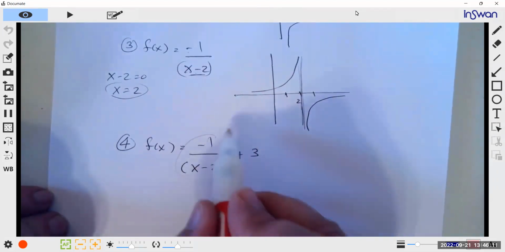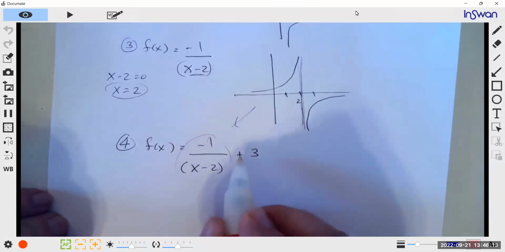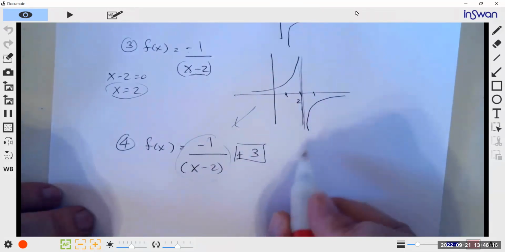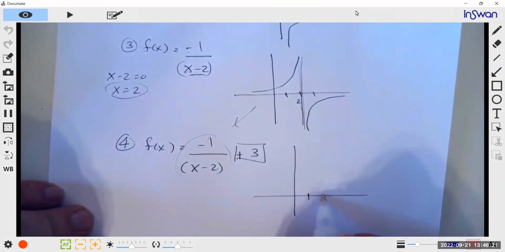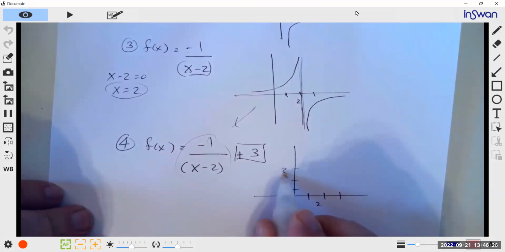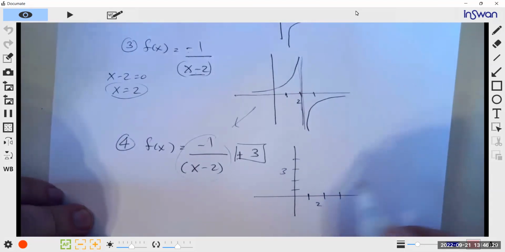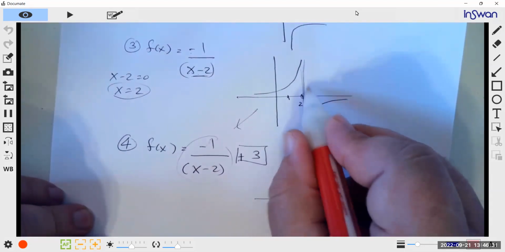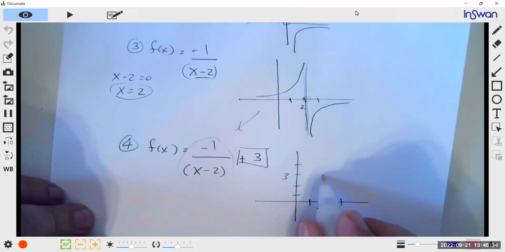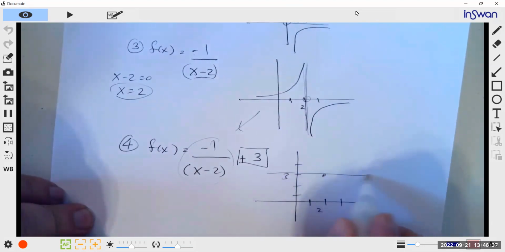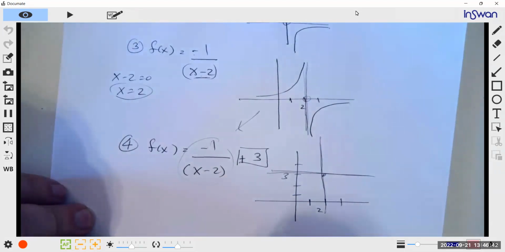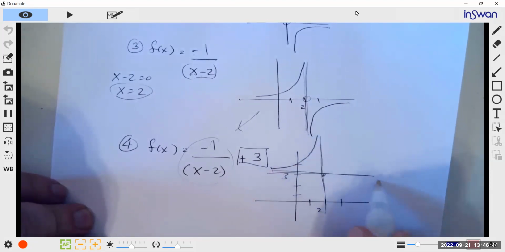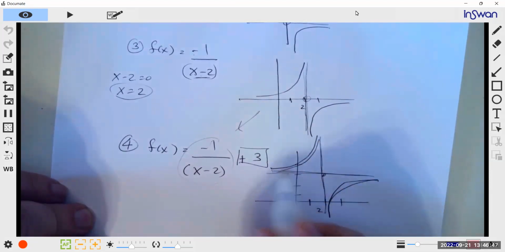Since we already have the graph of this, all we have to do is raise it up 3 spaces. So we'll raise it up 1, 2, 3. What used to be here, now I have to go up 3 spaces. Now it's shifted up to here. There's my new origin. And the graph looks the same. There's our answer.